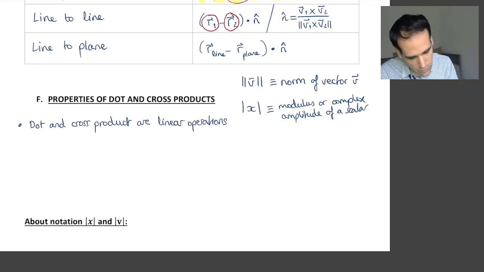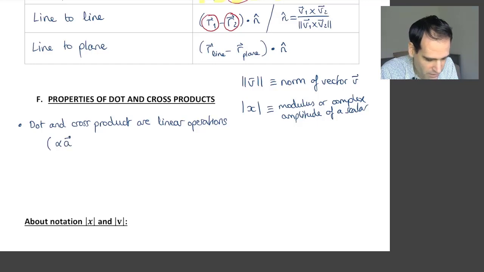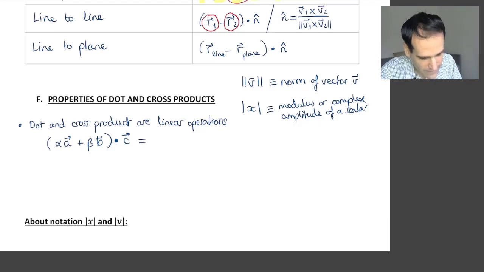This means that if you apply, for example, the dot product to a linear combination of vectors, so remember, a linear combination means alpha A plus beta B, a scalar times one vector plus a different scalar times a different vector, and you take the dot product of that with some other vector, the result is the linear combination of the dot products with the other vector.